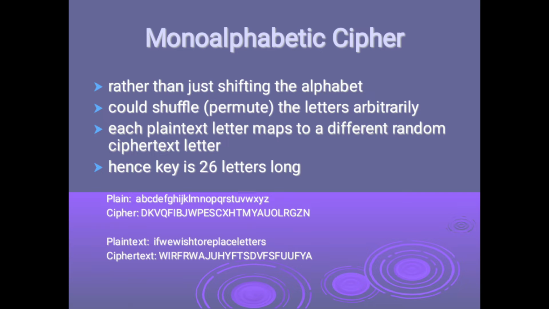For I it is W. For F, F is very easy: A, B, C, D, E, F, 1, 2, 3, 4, 5, the sixth letter. What is the sixth letter? 1, 2, 3, 4, 5, the sixth letter is I. Like that we are writing it.